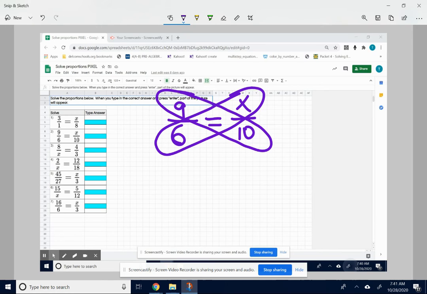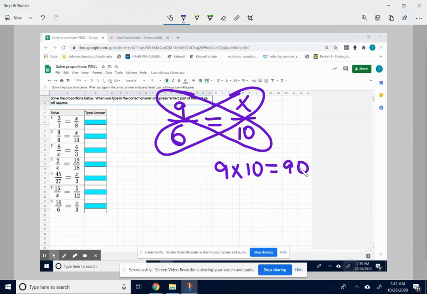Okay, do your butterfly wings. Find the two numbers in your butterfly wing that you have both numbers inside. This is the wing that you have both numbers. Just multiply those. 9 times 10 is 90. To find the missing number, I know that 6 times the missing number must also equal 90.